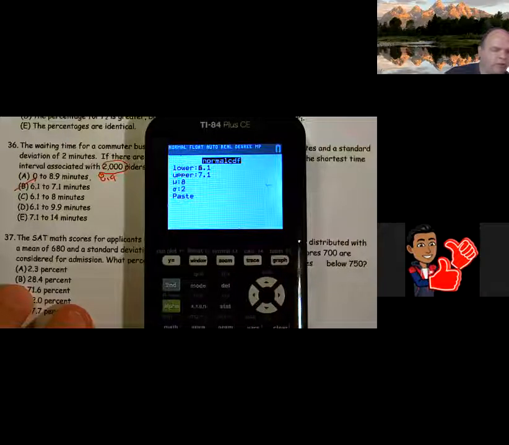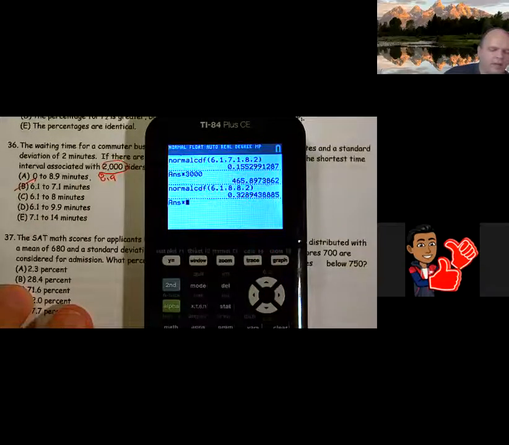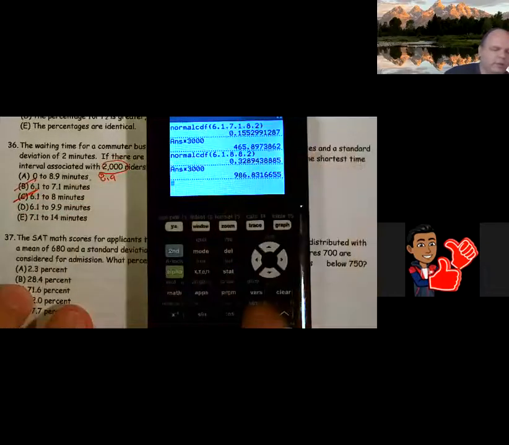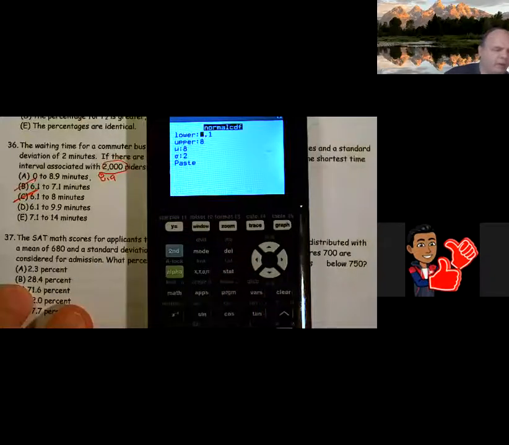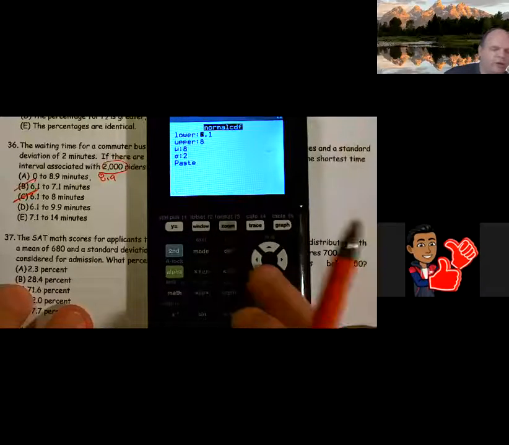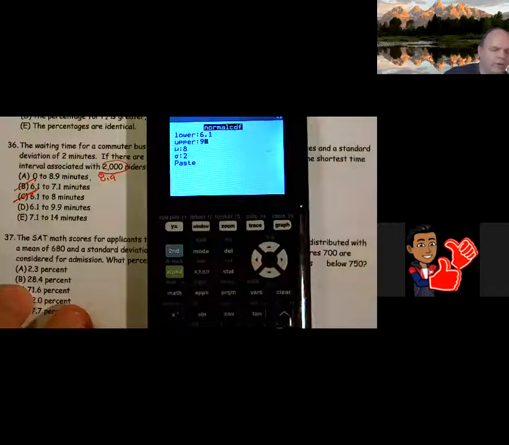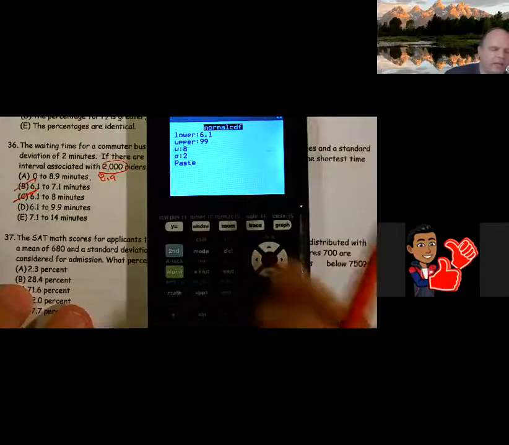I change the upper bound to 8 and multiply times the 3,000. It's like 986, not the right amount of riders. Then I go to the next one. And by the way, other than using your knowledge of the empirical rule, there is no other way to do this but plug and chug. That should be 9.9.